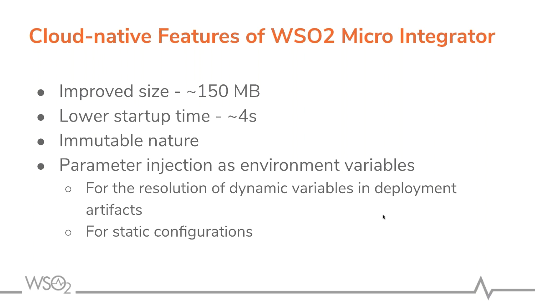When we allow parameter injection as environment variables, you will be able to use the same immutable image across environments, and have some variables parameterized, like the dynamic endpoints. The dynamic endpoints will change from staging to QA to production environments. So you can have your artifacts with the key of the environment variable, and the value of the environment variable can be injected, and they will differ from environment to environment.